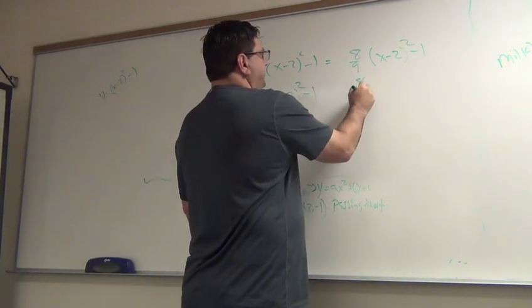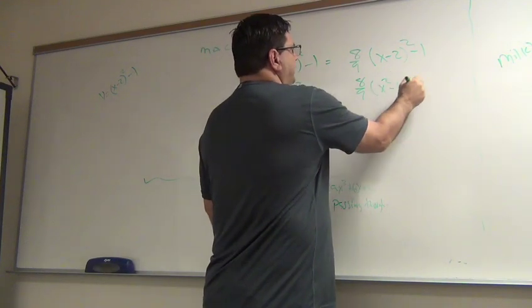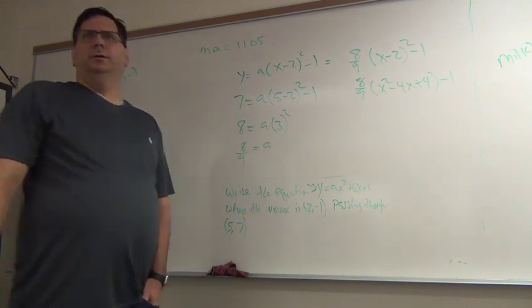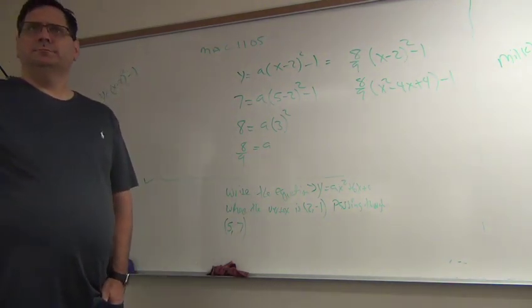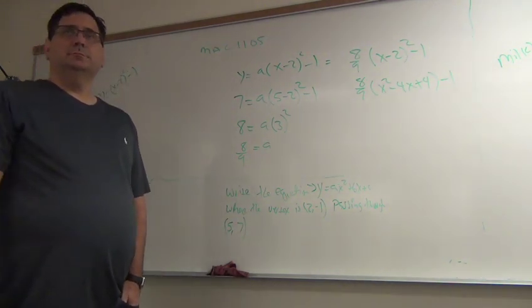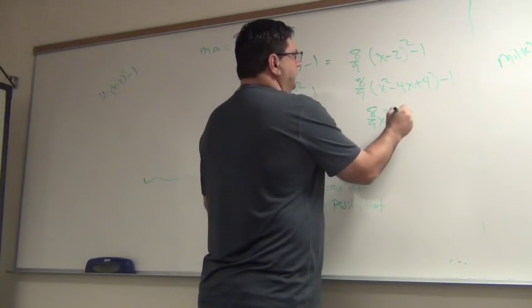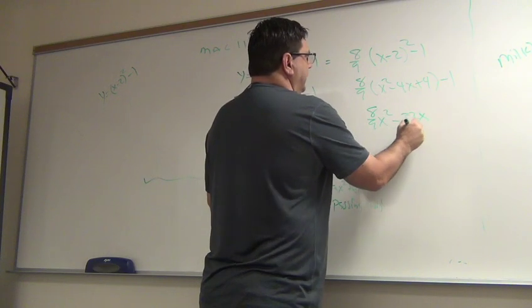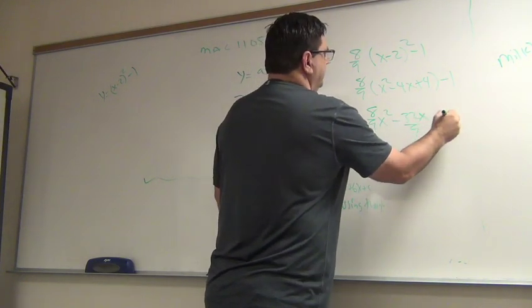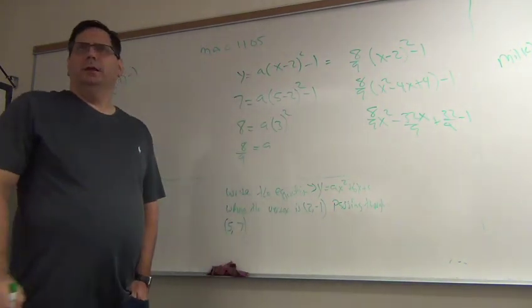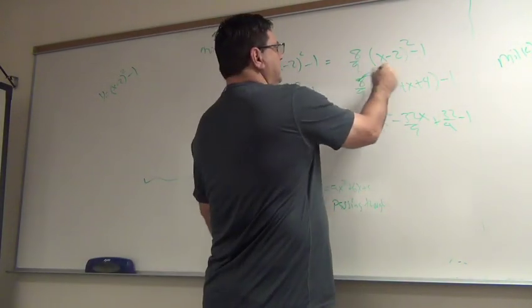Which is 8/9 times x squared minus 4x plus 4 minus 1. Do we agree? Which is 8/9 x squared minus 32x over 9 plus 32 over 9 minus 1, if I distribute the 8/9.